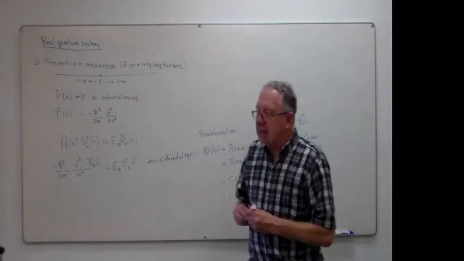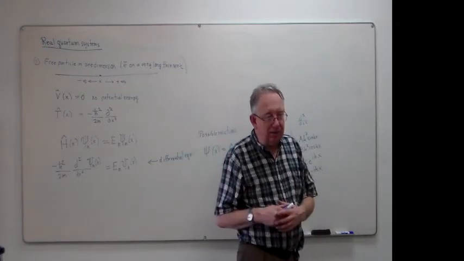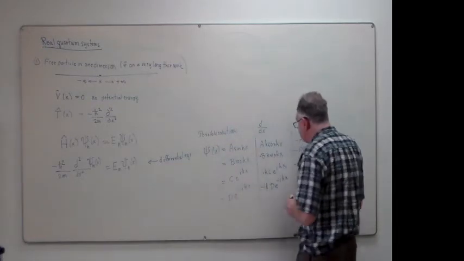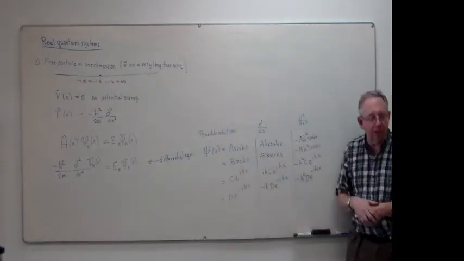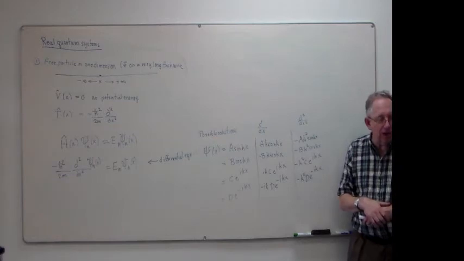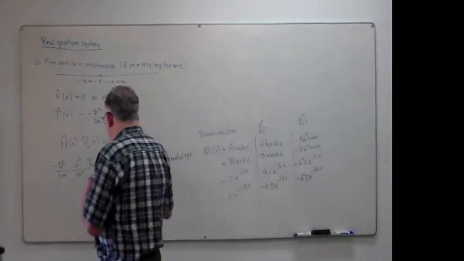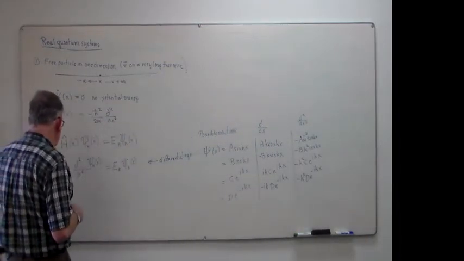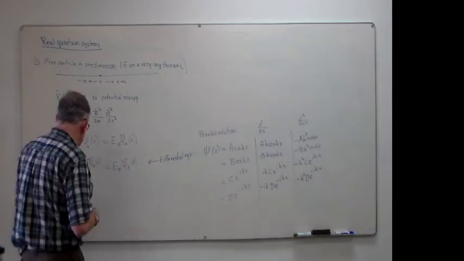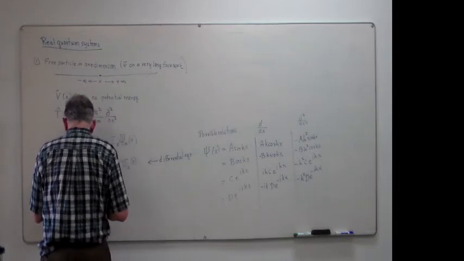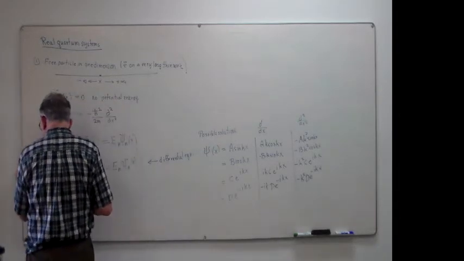Now, we could take any one of these or any combination of these, and those all have the right form to be a solution, because the function is kicked back again with a constant k squared added to it. Now let's multiply both sides of the equation through by 2m over h bar squared.